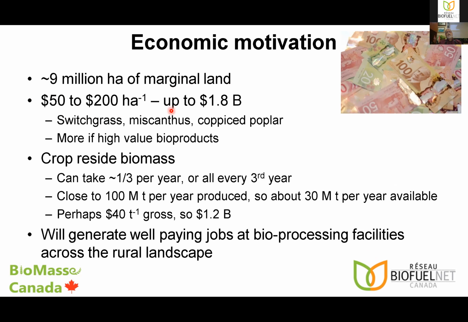And that could generate funds of getting close to $2 billion a year. So that's a reasonable amount of money, and for the agricultural community, the producers, that's okay. It could be things like switchgrass, miscanthus, poplar. This is actually edging into trees, but agricultural forestry, under controlled forestry.